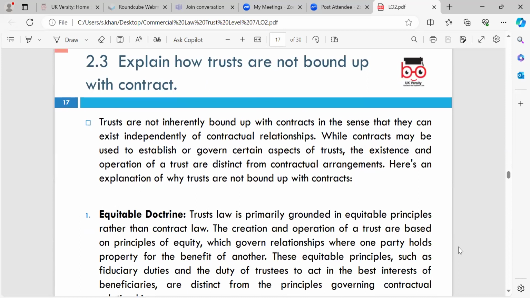So 2.3, explain how trusts are not bound up with a contract. A trust is not a legal person, as a corporation is, and therefore it cannot be a party to a contract or sign a contract. The trustee is the proper signatory.